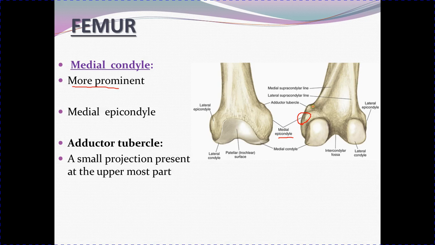Above the medial epicondyle, there is a small projection present which is called the adductor tubercle. You can see over here this small projection just above the medial epicondyle is called the adductor tubercle.